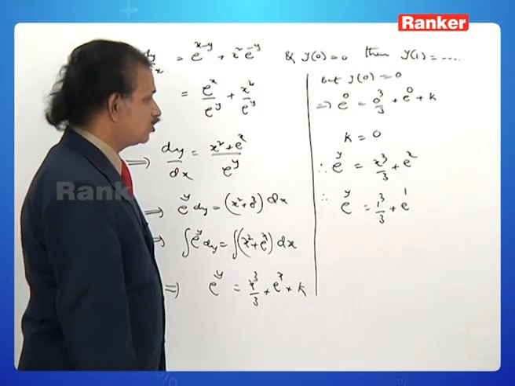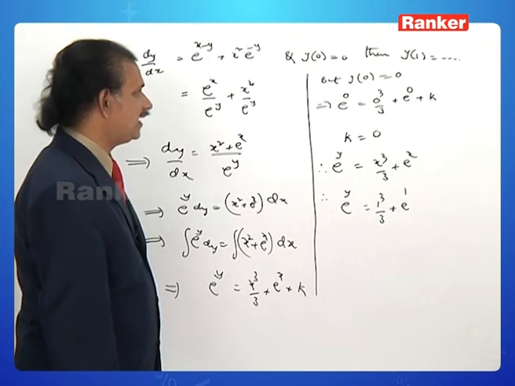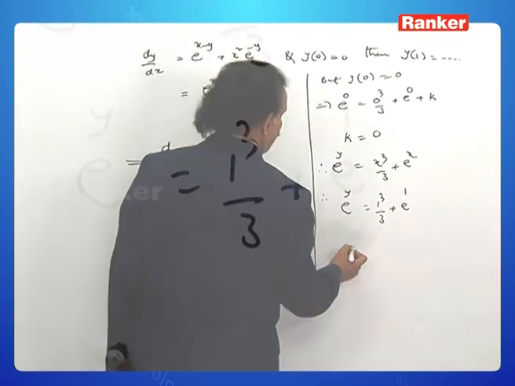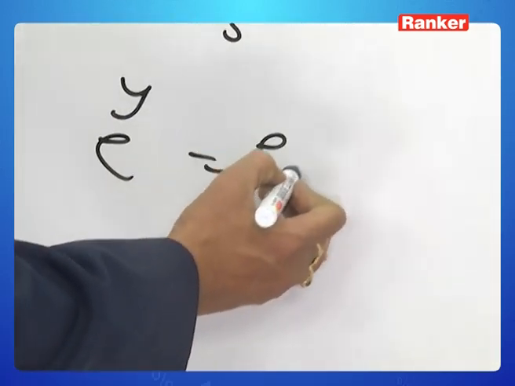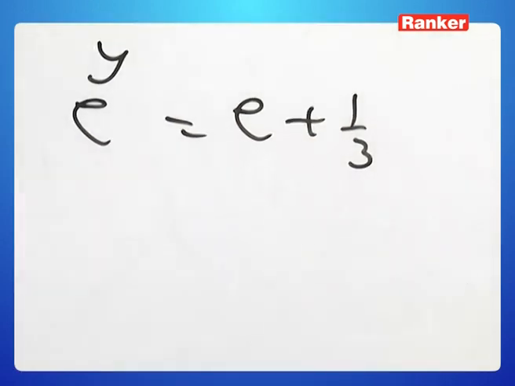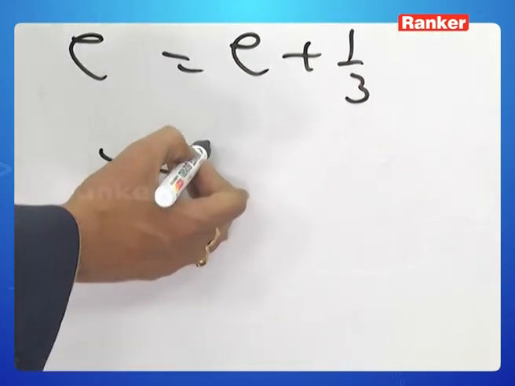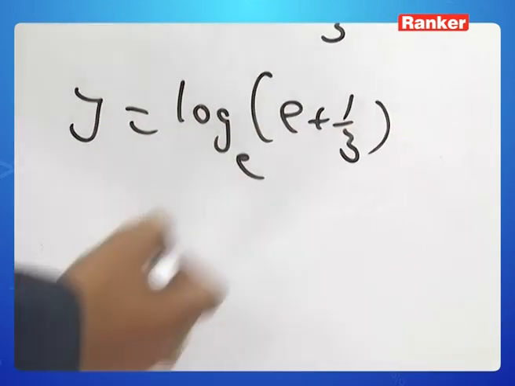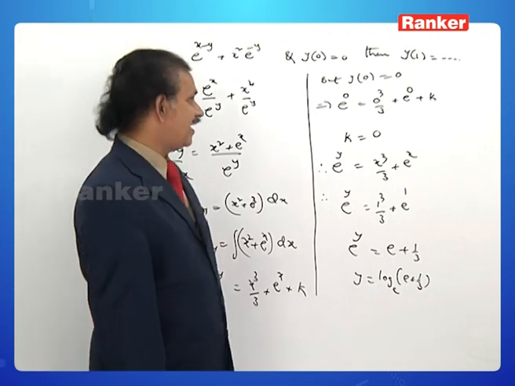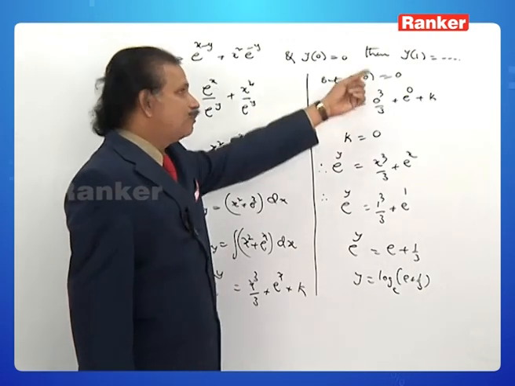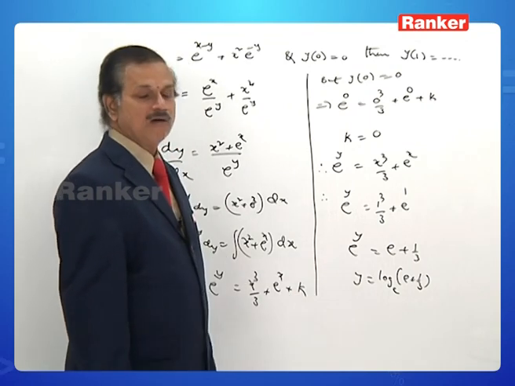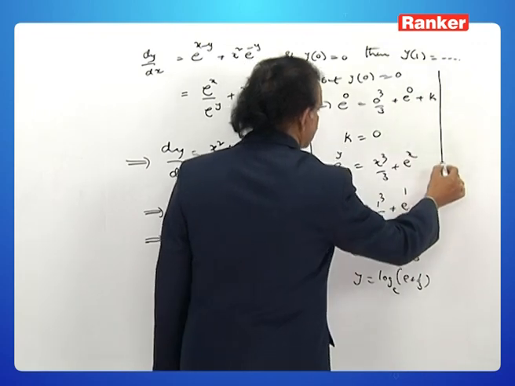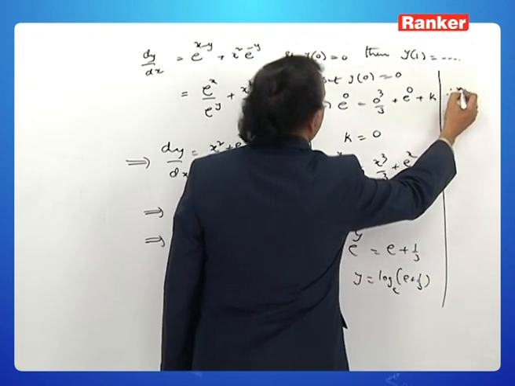We are substituting x as 1 and we want to get y. Let us see. So, e power y is equal to e plus 1 by 3. From this, y is equal to log of e plus 1 by 3 to the base e. So, what is the value of y when you put x equal to 1? Log of e plus 1 by 3 to the base e. That is the answer.